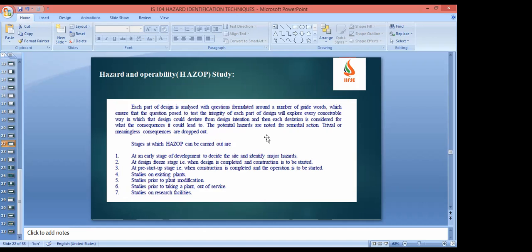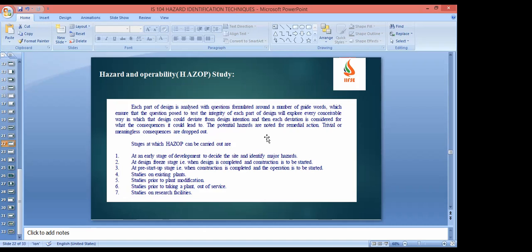And at the pre-startup stage, before starting up the process, and studies on existing plants, we can do it there also, and studies prior to plant modification. If you are going to do any modification of the plant, you can do this.